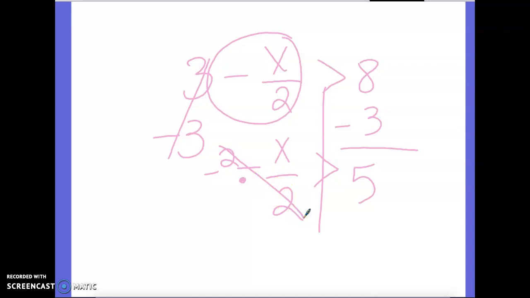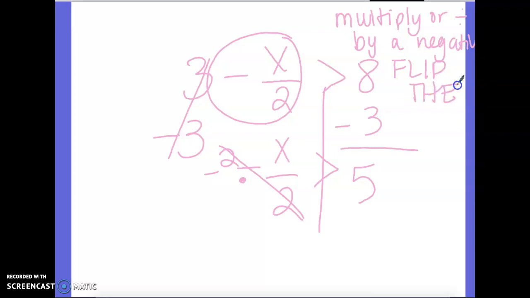What happens is when you multiply or divide by a negative, you have to flip the inequality, flip the sign. So we flip the sign.